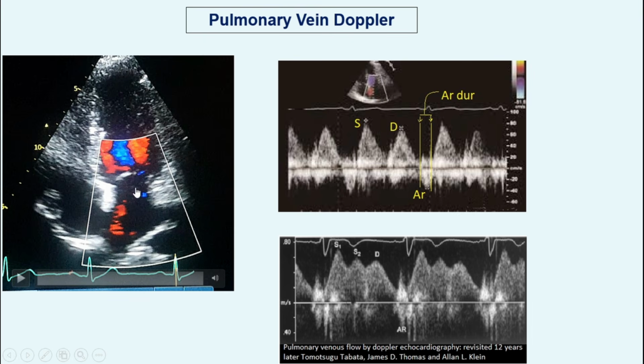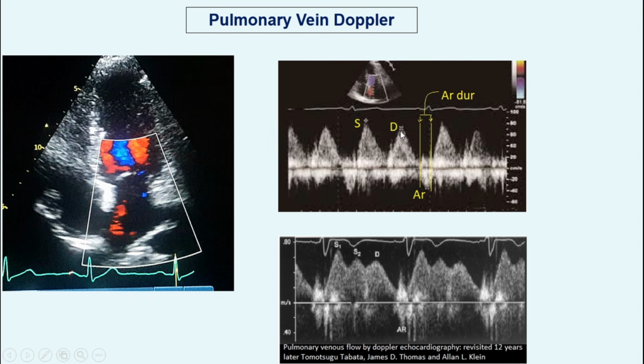On diastole, when the diastole starts, blood goes to the left ventricle, and again pressure drops, and when the pressure drops in the left atrium, one more time blood rushes to the left atrium from the pulmonary vein, and it gives us a second positive shift, which we call the D wave.